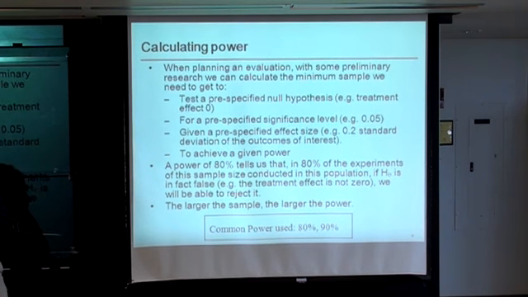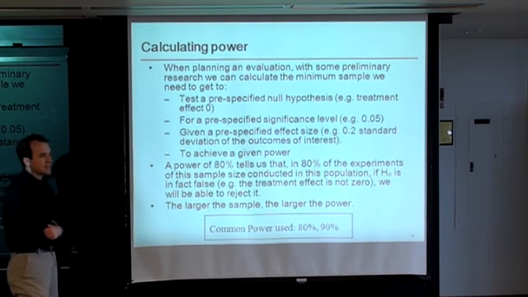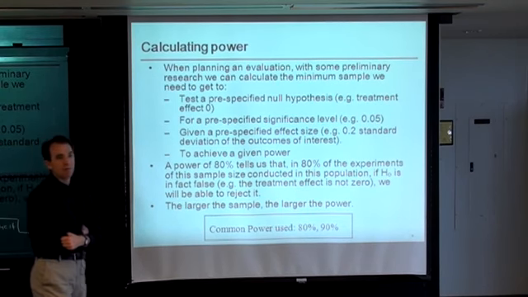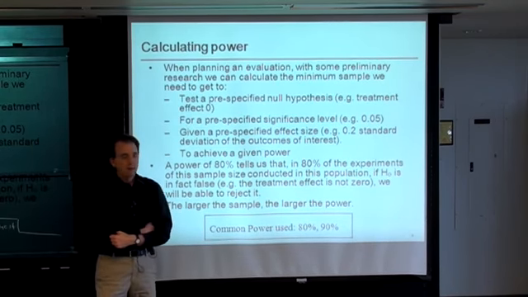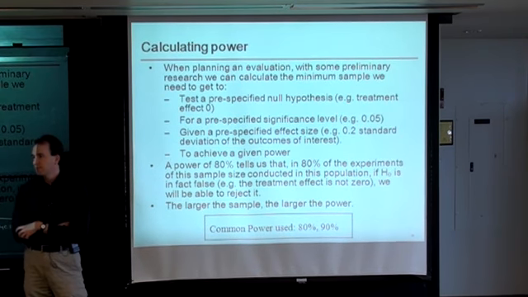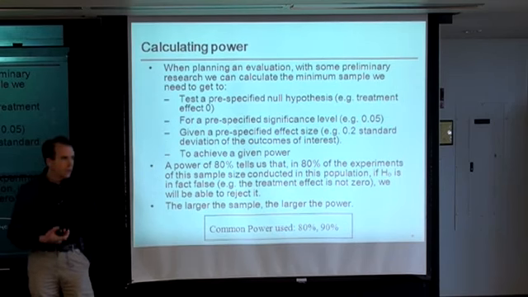And when we calculate the size of the experiments, you have to make a judgment call of how big a power you want. The typical powers that we use when we do power calculations are either 80% or 90%. So what does this mean?